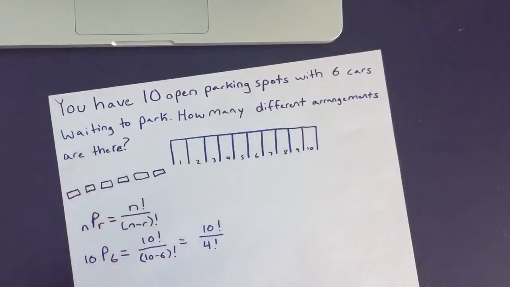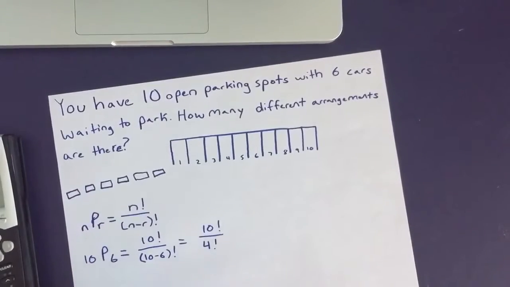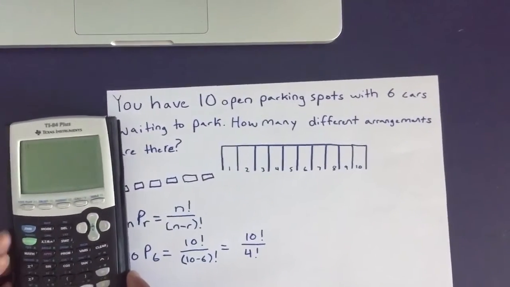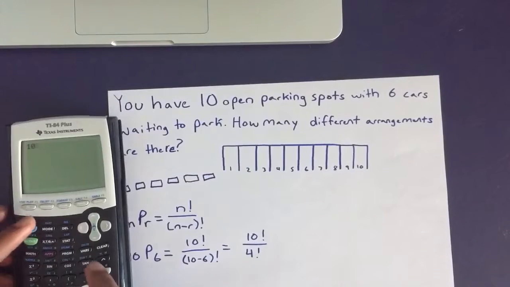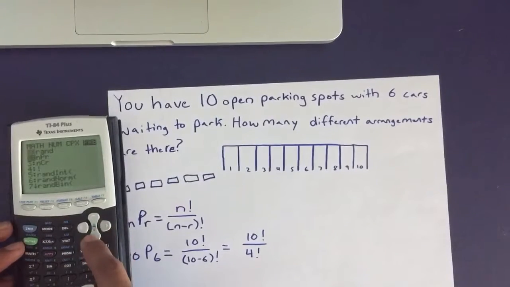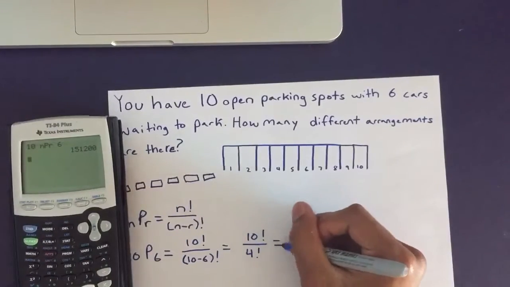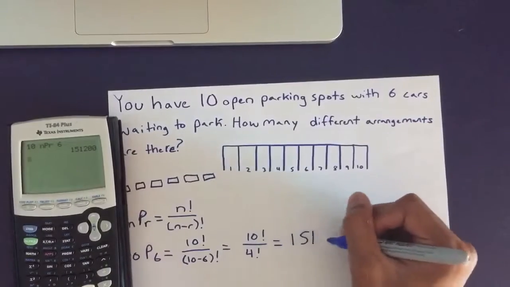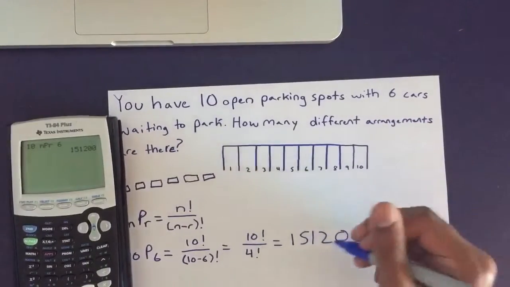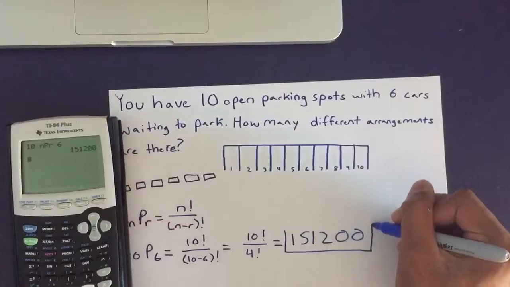Now you could do this in your calculator with just 10, math, and then permutations, choose 6, and you get, so that is your answer.